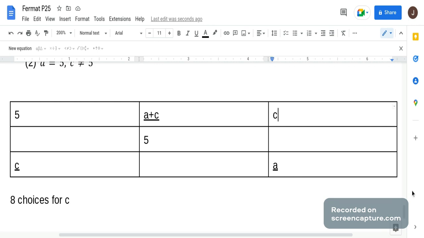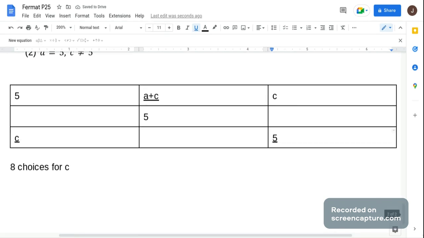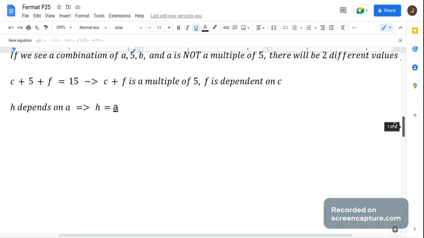For each of the 8 choices of C, there will be 2 respective choices for this one. For this one, however, this can only be 5. Now I'm going to explain why this one can have 2 choices, because we set the general rule here.